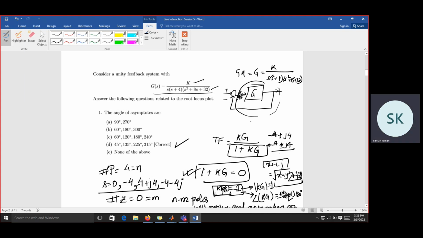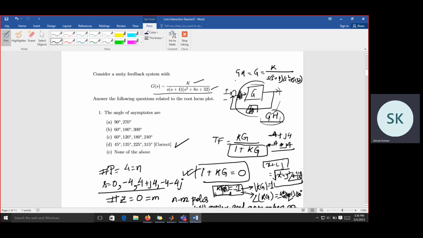Basically no, because what we are considering is the characteristic equation. When we see the characteristic equation, this is always G, and if H is in feedback, then it will be GH. So we are dealing with this one.